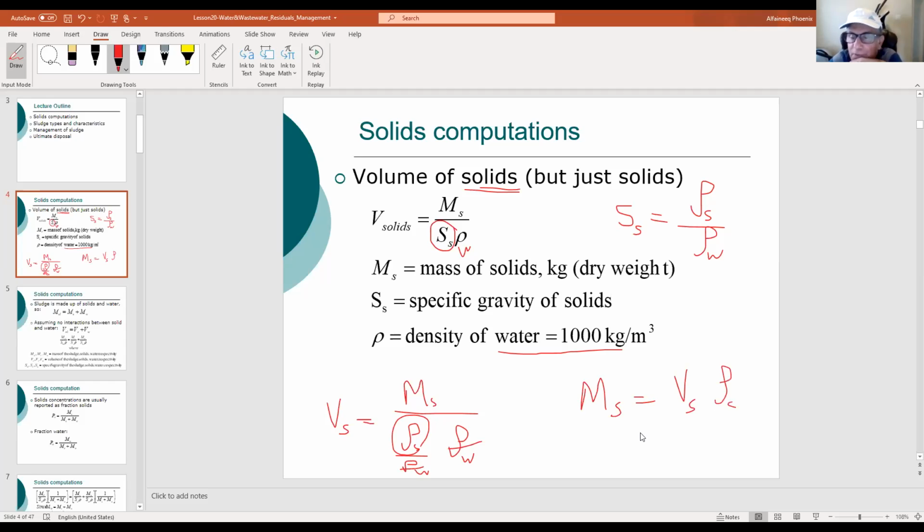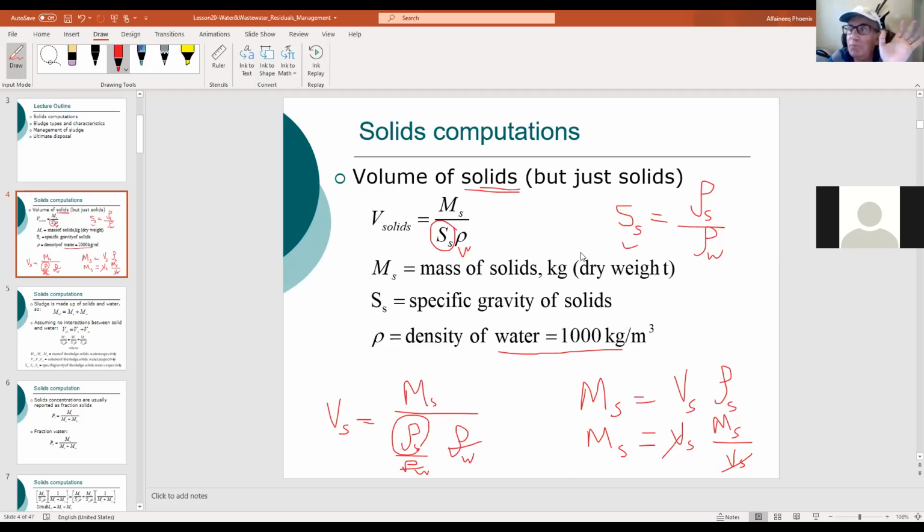What's the definition of density, guys? Mass over volume. Thank you very much. And here this cancels, and you get Ms equals Ms. So this is where they got this formula, through two definitions: the definition of rho and the definition of specific gravity. That's it, very simple.